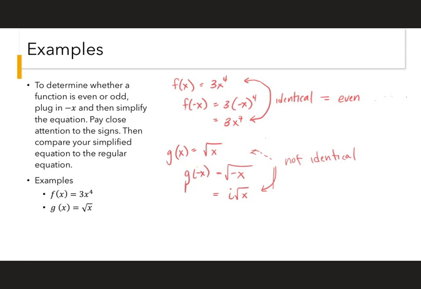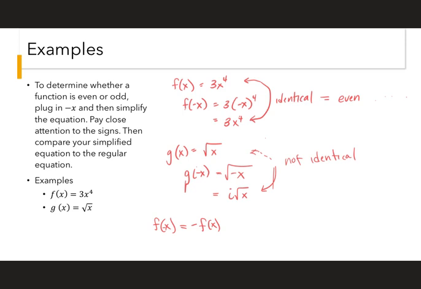In order for them to be odd, f of negative x has to be the opposite of f of x, which means exactly the same terms with opposite signs. So instead of adding, I'm subtracting. Instead of subtracting, we'd be adding. But all of the terms would be exactly the same.